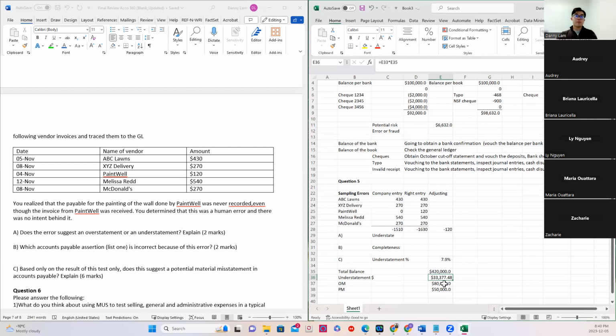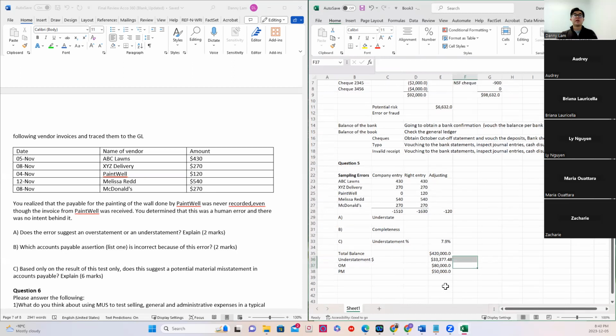Yes or no? No, right? Olivia says no, because I'm assuming this is your response to it. It's because we're going to be looking at materiality at 80,000, right? So 80,000 here, and then PM is here. But if the error is lower, then it's fine. It's not material. You don't look at it. Okay. We good for that, guys?